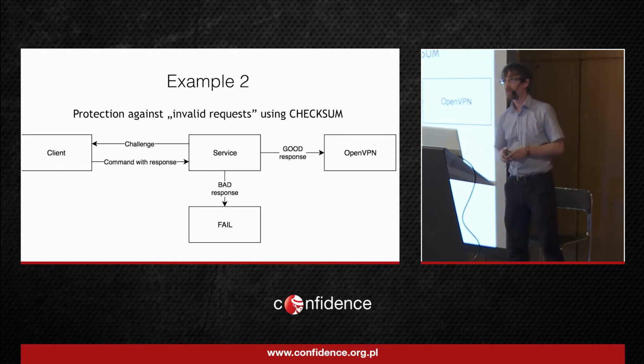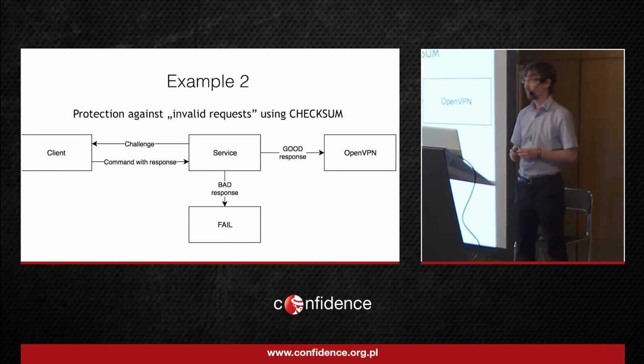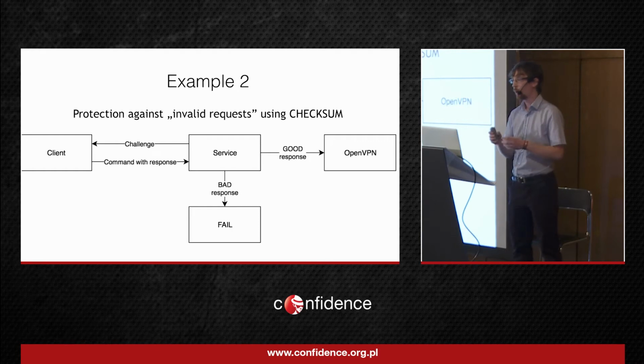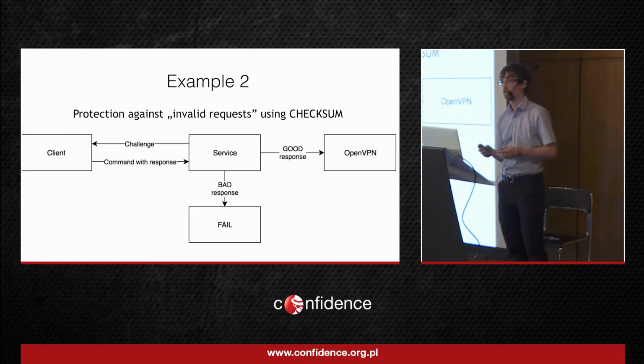When you want to send a command to the service, first you get a challenge from that service, and you need to somehow calculate a response for this challenge. The response is, you know, some XOR operation or some mathematical calculation on the challenge. And only when you send the proper response for a specific challenge, your command will be executed.